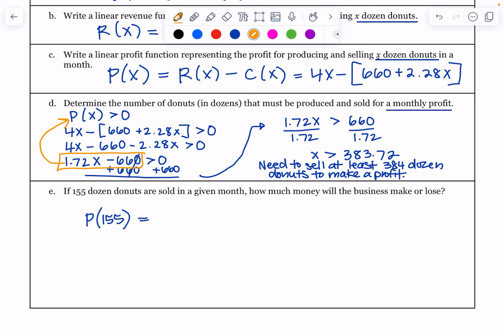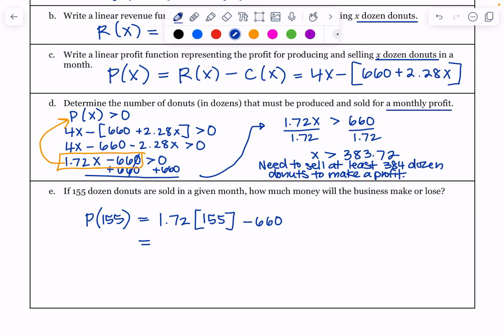I didn't move anything yet, so I'm going to use that instead. So I'm going to have 1.72, and then instead of x, I'm plugging in 155 dozen donuts minus 660. Because we know we needed 384 to make a profit, we know this is going to be a loss. We're just curious by how much.